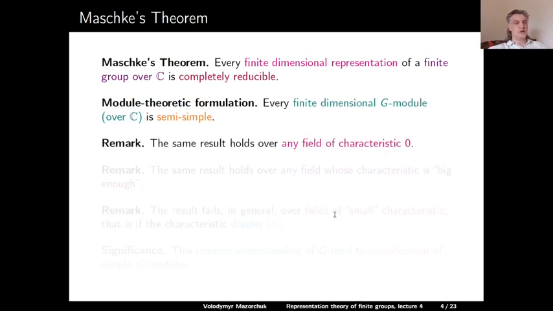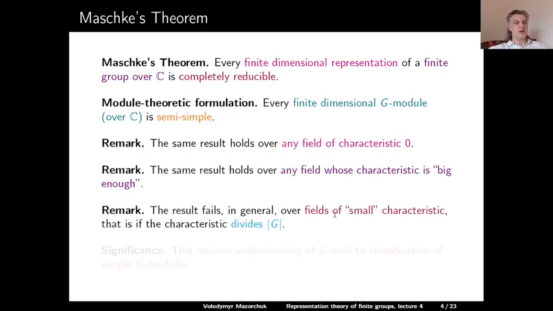The same result holds actually over any field of characteristic 0 or any field of sufficiently big positive characteristic. However, it fails in general over fields of small characteristic, in the sense that the characteristic of the field divides the cardinality of the group G. And this is a very significant result.